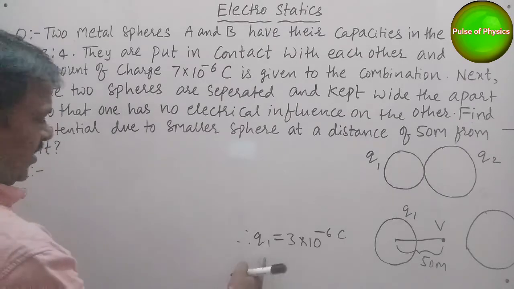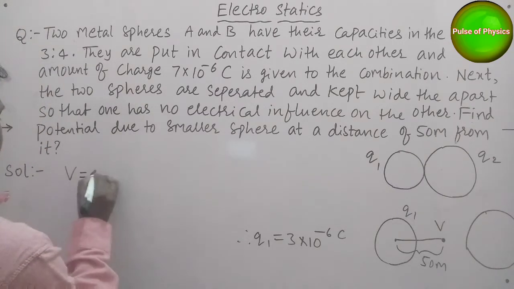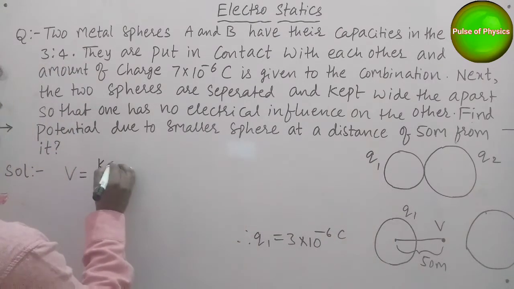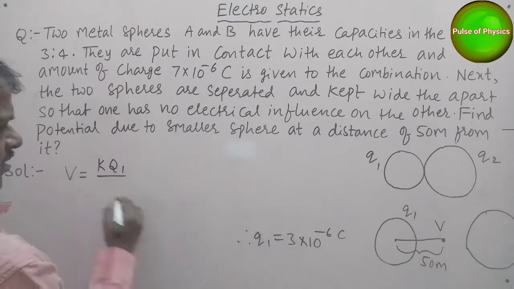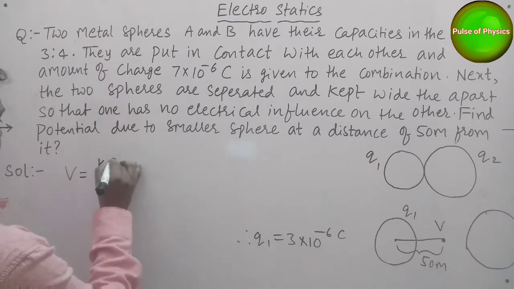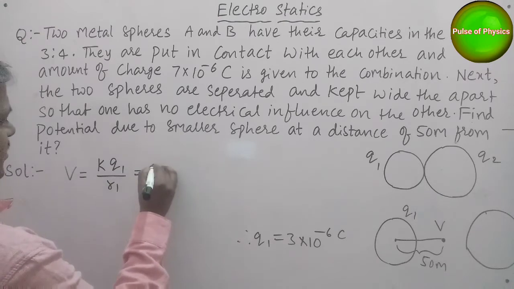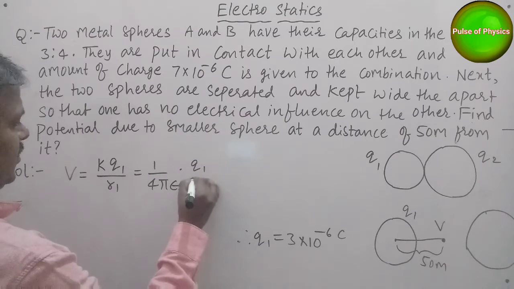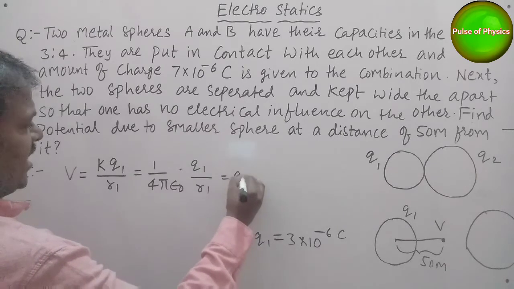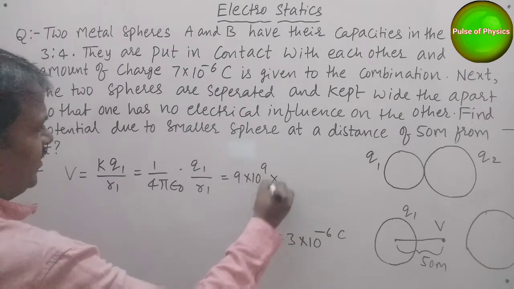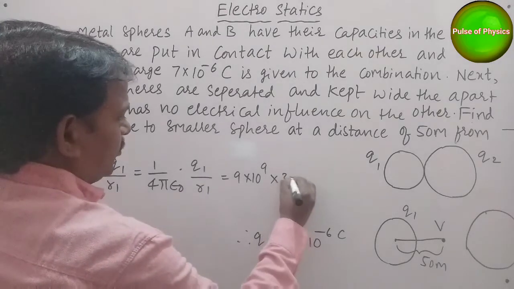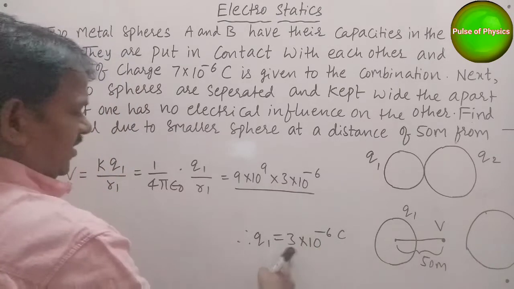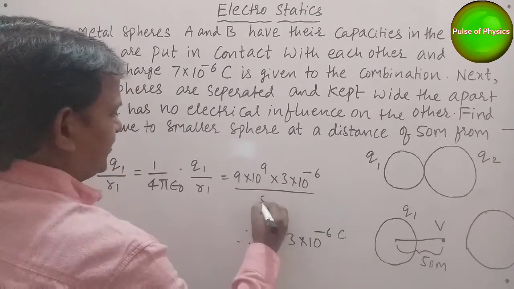Continue. Here, V due to this sphere at that point is kq1 by r1, that is 1/(4πε0) × q1/r1. It is 9 × 10^9 × 3 × 10^-6 divided by r1, which is 50 meters.